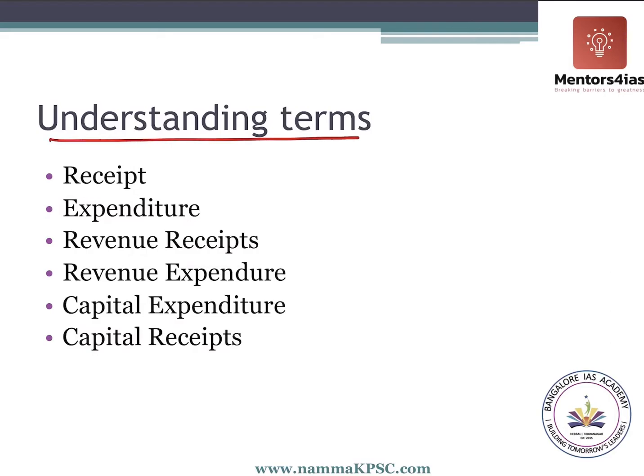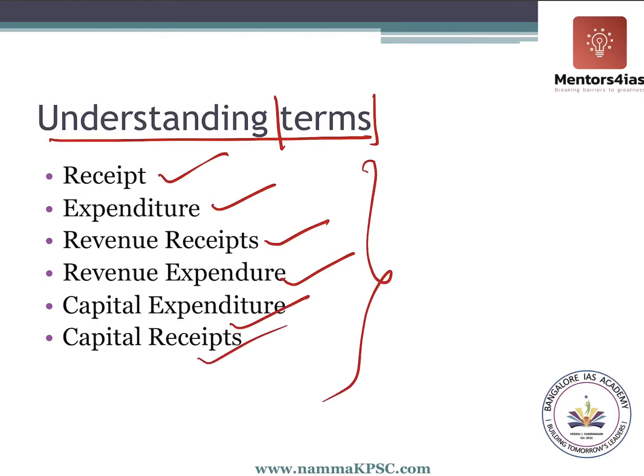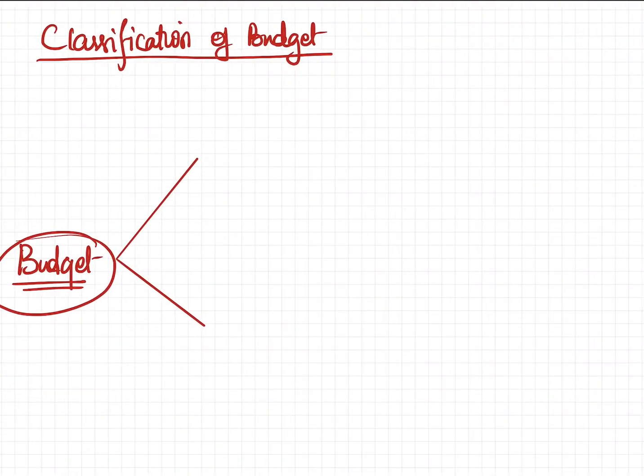Then we started to understand the terms that will be discussed in the chapter, that is receipts, expenditure, what is revenue receipt, what is revenue expenditure, capital receipts. Those who have not watched that video, please watch it. Otherwise, you will not be able to understand this video. So we classified the revenue receipt, revenue expenditure, capital and revenue receipts on the basis of asset and liability. Thinking that you would have watched that video, we'll move on to our further discussion.